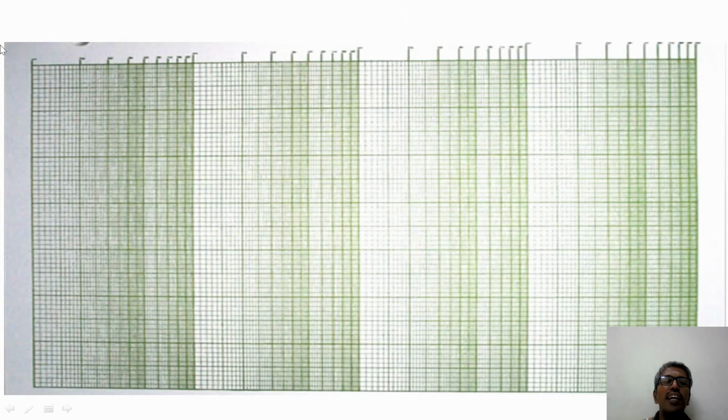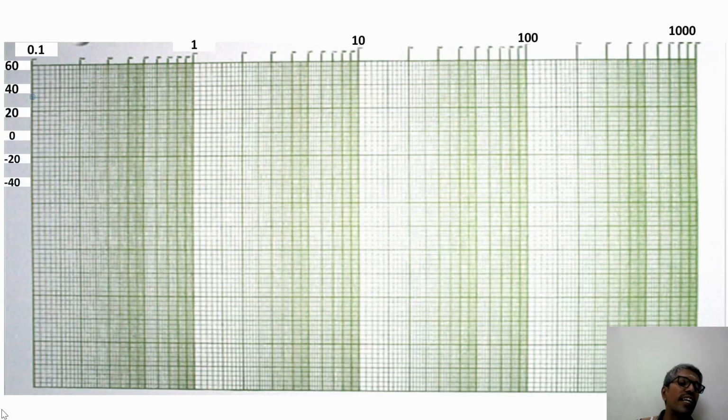So on a semi-log graph sheet, the x-axis is frequency and the y-axis is amplitude. So first you have to take it in terms of 10. So 0.1, then 1, 10, 100 and 1000. So they are all corner frequencies. So the first half will be the magnitude A: 60, 40, 20, 0, minus 20, minus 40 and minus 60. Then for 0.1, what is the value we get?